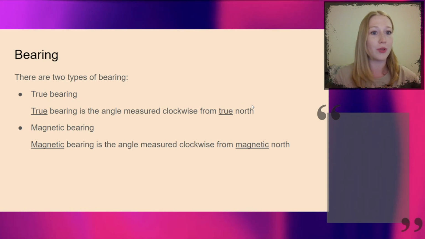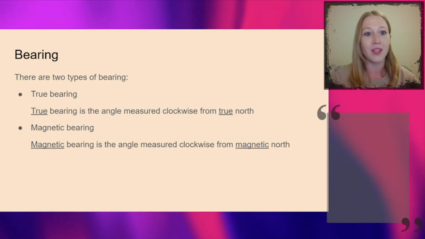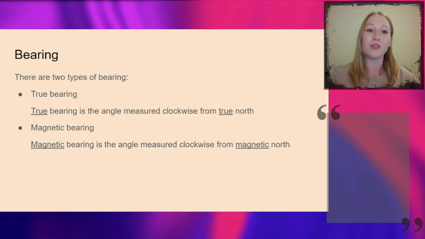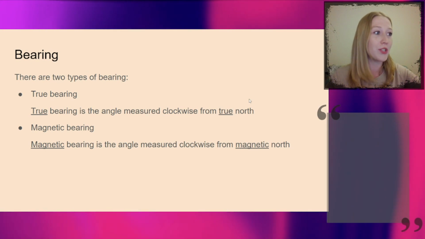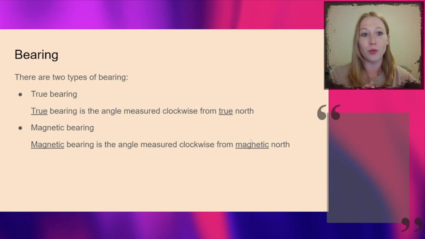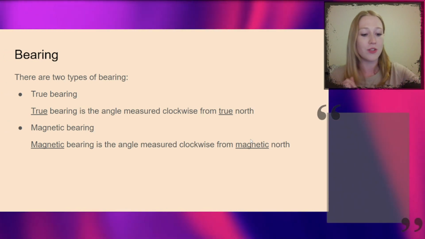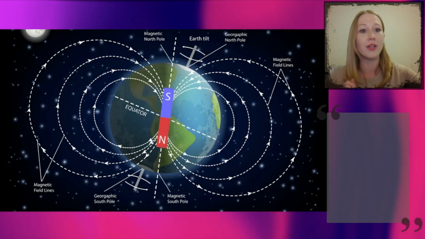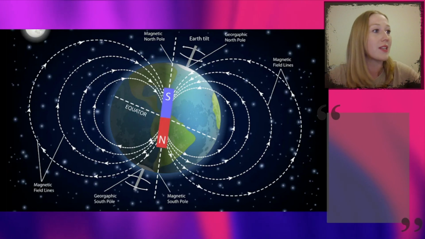But this is where I'm going to drop a bit of a geography bombshell. There are different types of north. There's true north, which is what you would read on the top of a map. And then there's magnetic north, the way that a compass would point. Here is a nice little diagram of what the Earth's magnetic field looks like.